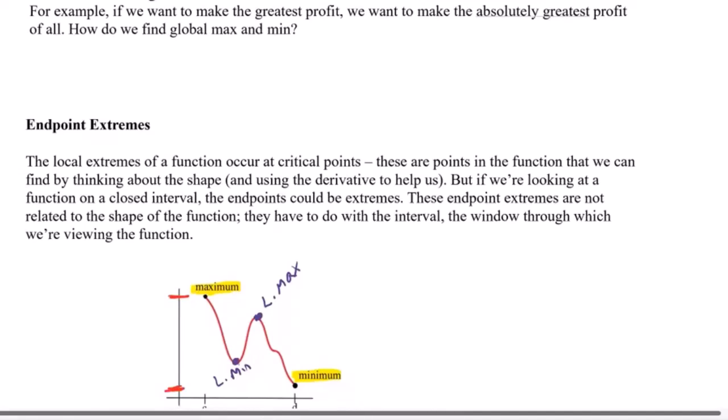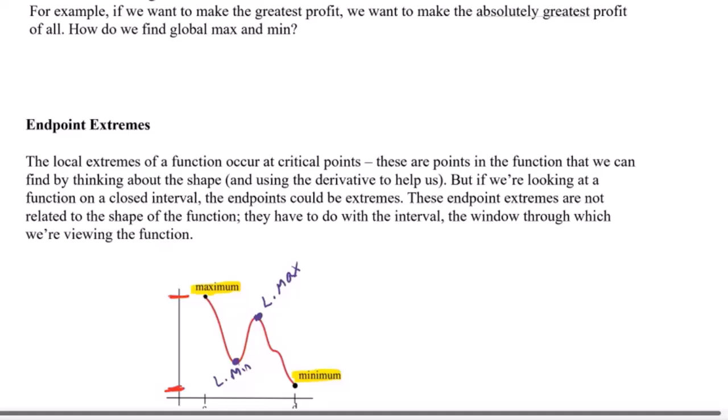So the local extremes of a function occur at critical points. That's what we know. That's only local, or sometimes called relative. These are points in the function that we can find by thinking about the shape and using the derivative to help us. But if we're looking at a function on a closed interval, what that means is we have some specific window that we're looking at between this point and this point.